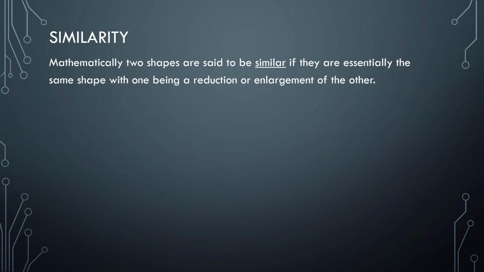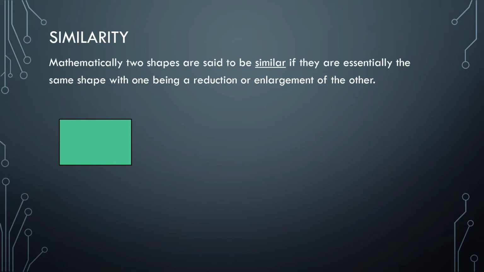Next thing we need to look at is what we call similarity. Mathematically speaking, two shapes are said to be similar if they are essentially the same shape, that's what we just looked at before, with one of them being a reduction or an enlargement of the other. So rather than simply rotating it, we're making it bigger or smaller.